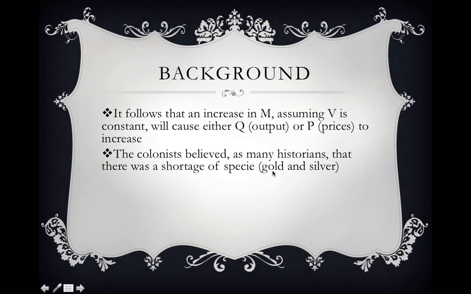So when you hear anybody talking about a shortage of money in the colonial period, make sure you remember that colonists were referring to a shortage of hard currency, of specie, of gold and silver. They weren't counting any other forms of currency that economists would include in the definition of money.